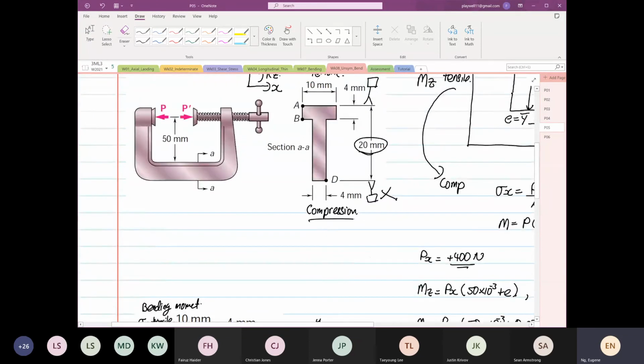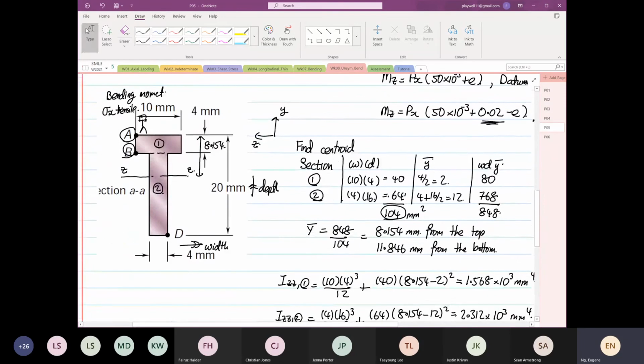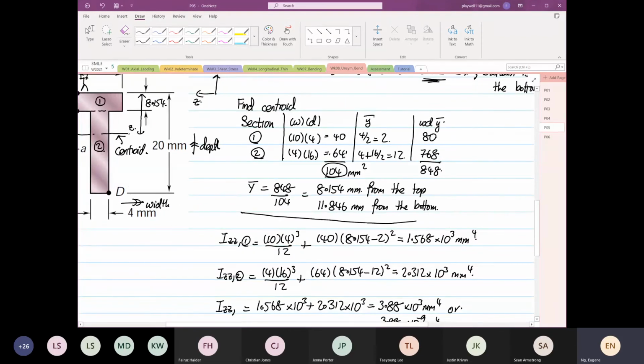Below the centroid will be compression. Remember, when we find the centroid, it is based on geometry. Can you see that? This is the centroid. It's all geometry based.